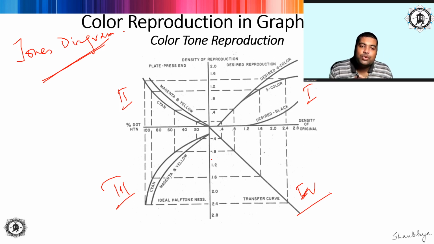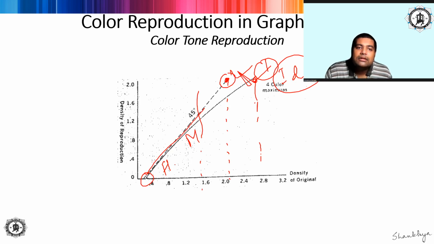Quadrant 1 represents the tone reproduction which you want. You have taken a graph paper and measured the data from your printed output, and you have reached this particular point. Then you thought, maybe I will not compress my data this much, maybe I'll compress the tone reproduction curve till this much.